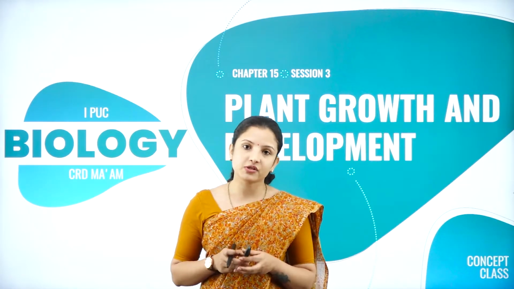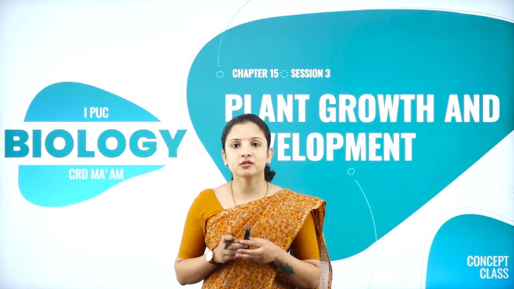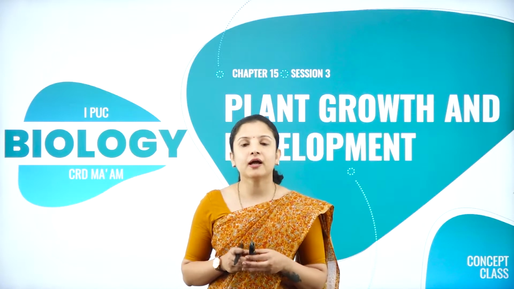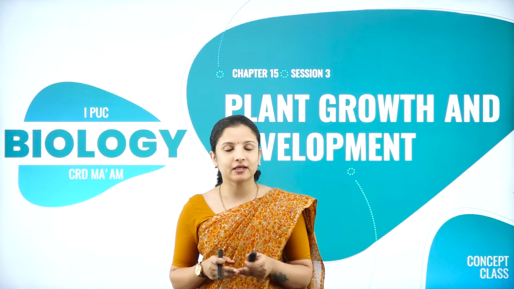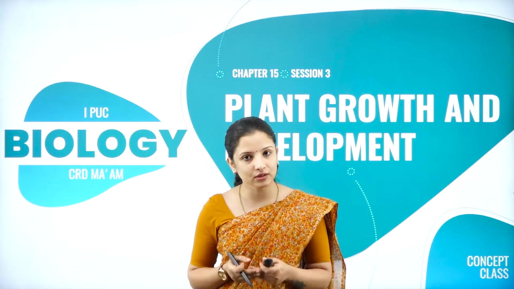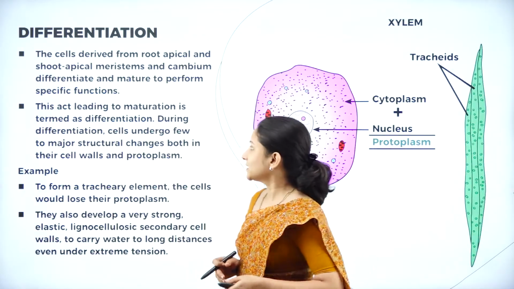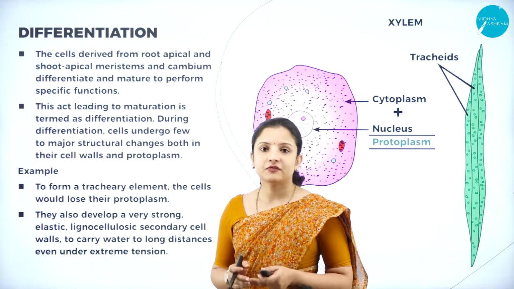We shall also study the important growth regulators in a plant and the role of these growth regulators. In short, we shall study them today, but in the coming sessions we shall continue to study the growth regulators in detail. So to begin with today's session, we shall first understand the term differentiation.